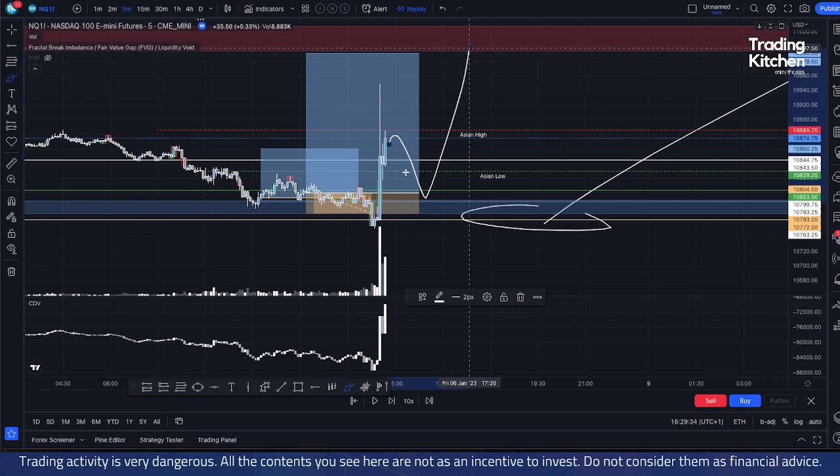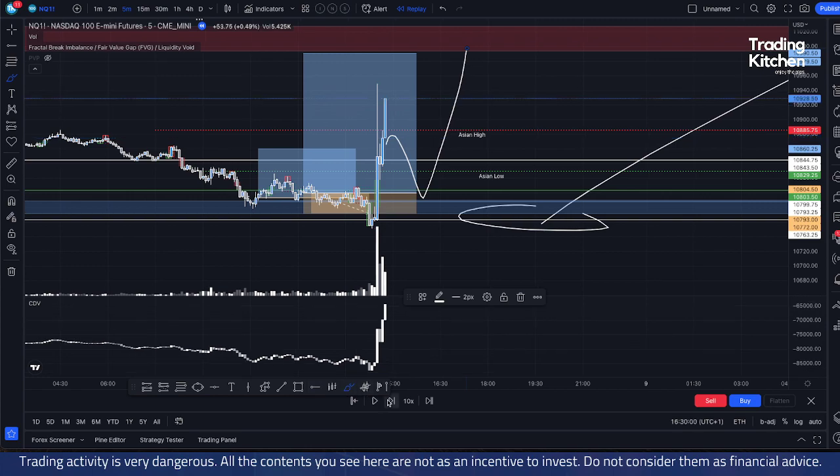But with such a move like this, it is pretty much clear the trend is changing. I will consider a reversal only if price will close and build something above the Asian high.